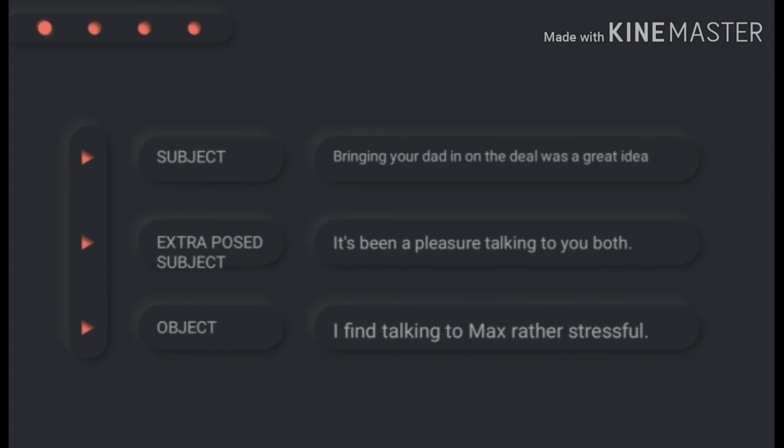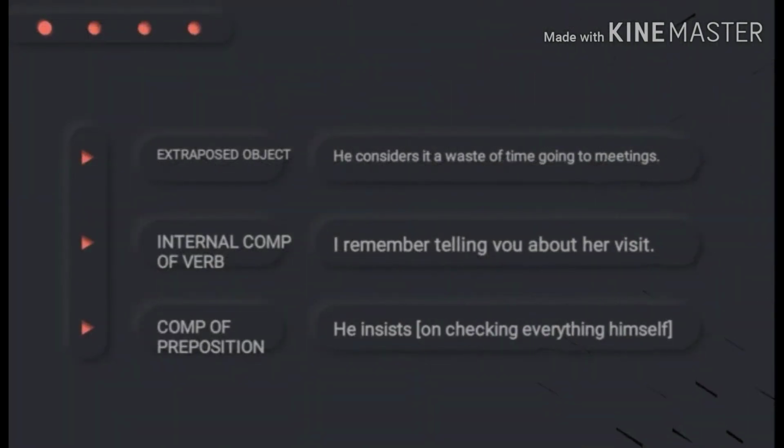But in general, the gerund participle can occur as a subject followed by a predicative complement, as in the example that I have given. And then the next is extraposed object. For example, he considers it a waste of time going to meetings.